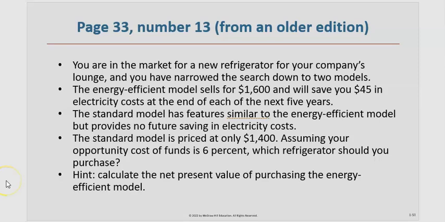And then the standard model costs $1,400. So you're trying to decide which model to purchase, and you can imagine there's a big business firm that can be buying a bunch of these things, and so the decision might be pretty big. Assuming your operating cost of funds is 6%, or the interest rate is 6%, which refrigerator should you go for?